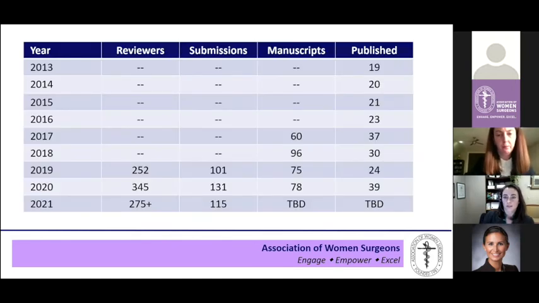When we look back over the work that has been done over this time frame, you see we're missing some of the data in the early years, in the early steps of the process. But you can see that we publish around 20 to 40 manuscripts in each volume of the journal. We have an overwhelming response for reviewers, so really proud of that and the learning and partnership that it facilitates.